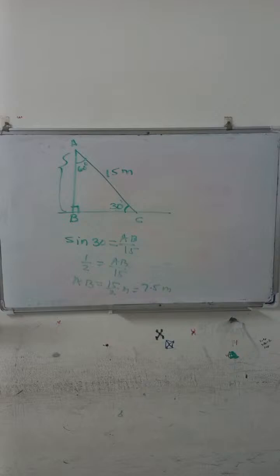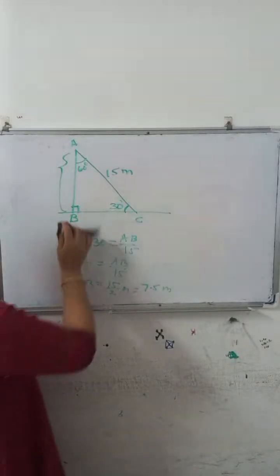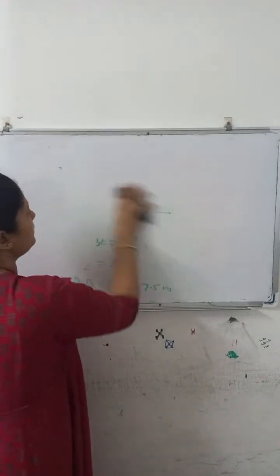Find the height of the tower. Okay. So can you try to draw the diagram? Try this. So we are interested in the calculation of the height of the tower.